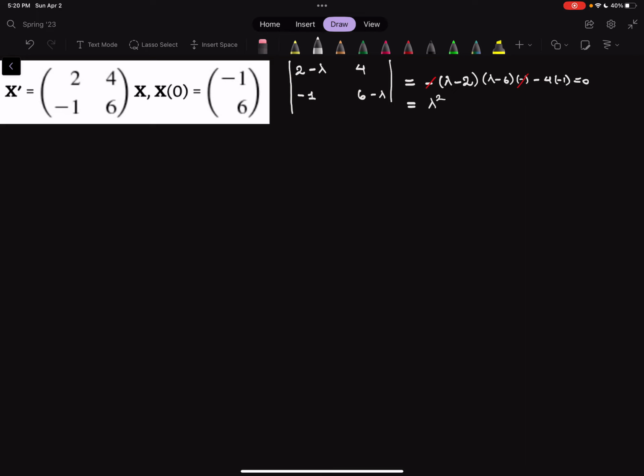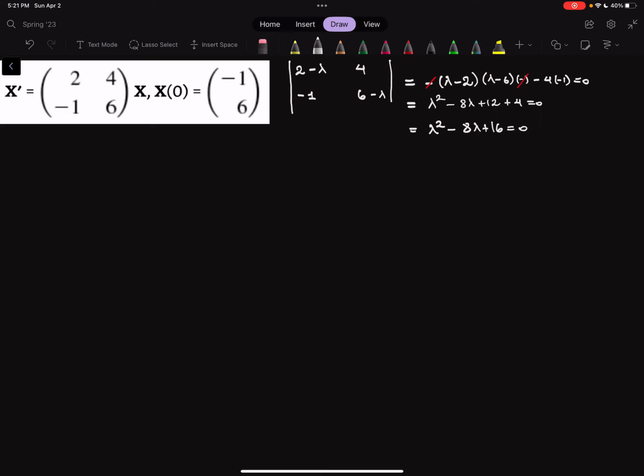Now the sum of the two numbers is going to be negative 8 lambda, and their product is going to be positive 12. And then we're going to have negative 4 minus 1, which is positive 4. All of that is equal to 0. Well, that's going to be lambda squared minus 8 lambda plus 16 equals 0.